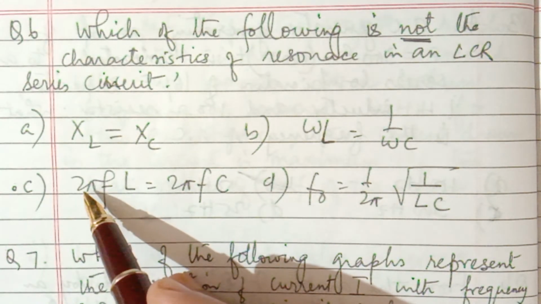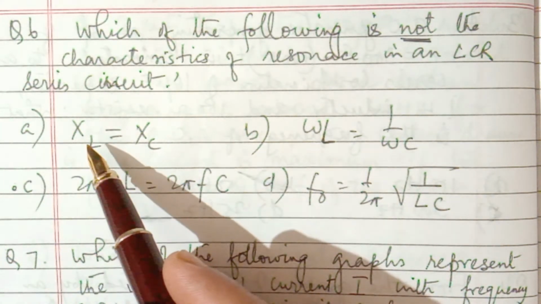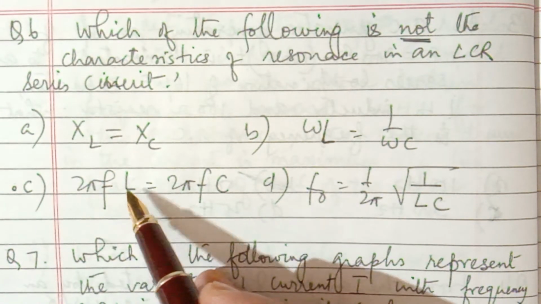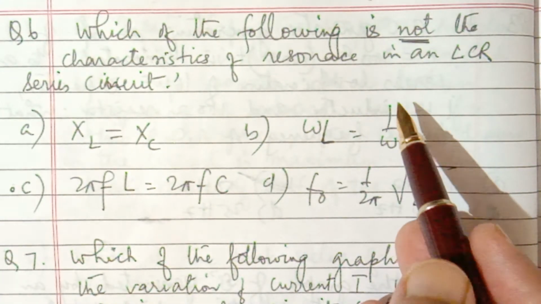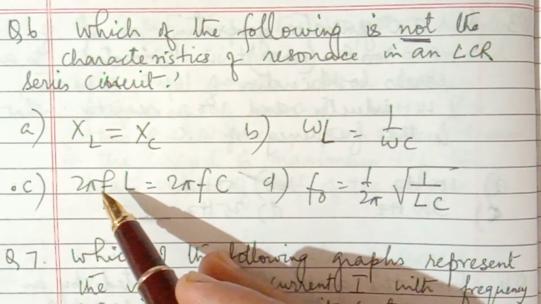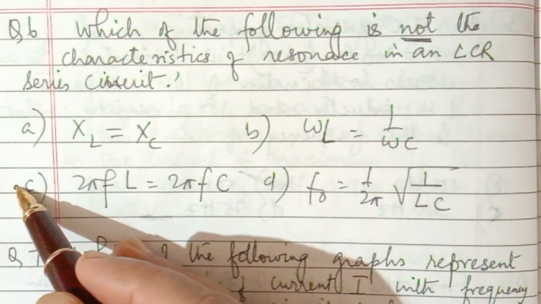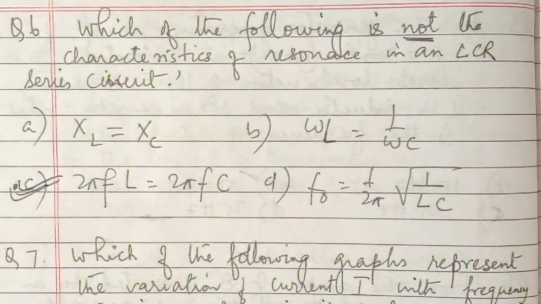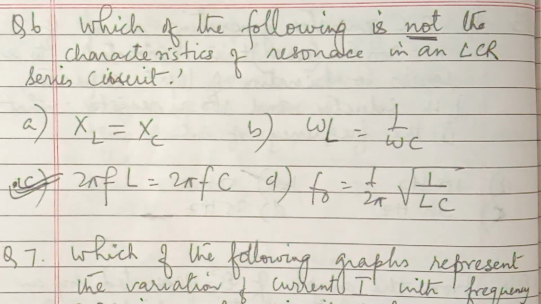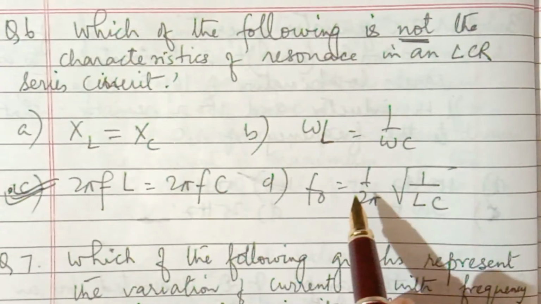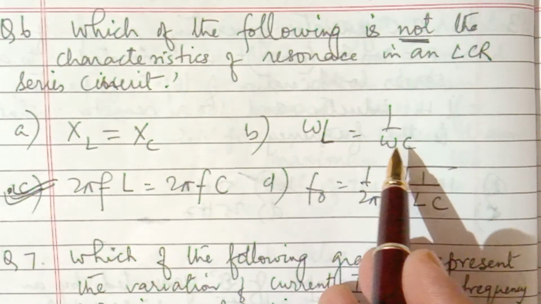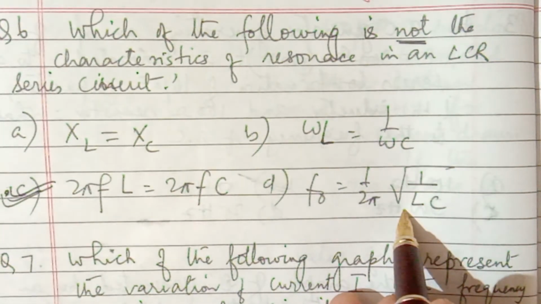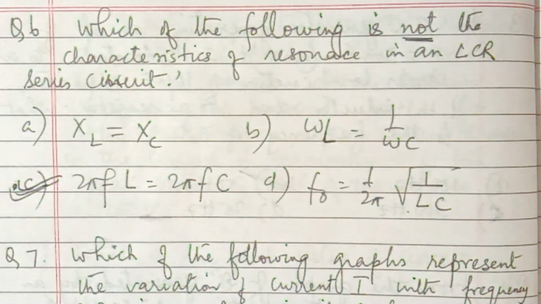But here you see 2 pi FL, so XL is 2 pi FL, that is okay. But here it should be 1 by 2 pi FC, but they have given this is equal to this, so this is wrong. Okay, so this is not the correct characteristic for resonance. And this is also correct, because if you solve this and replace the omega is equal to 2 pi f, then you get this expression. So only this is wrong.